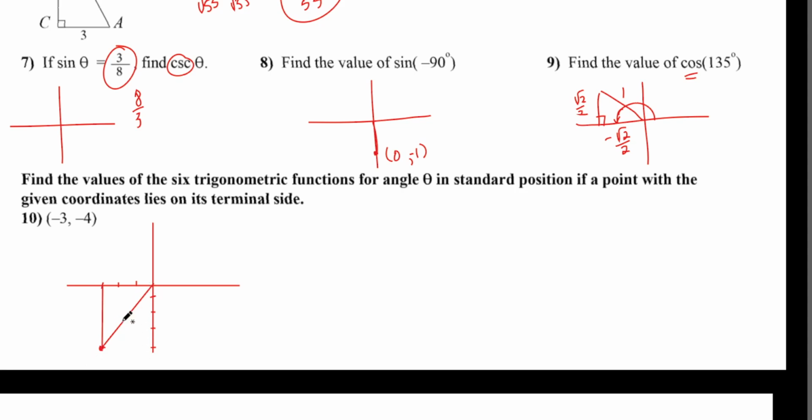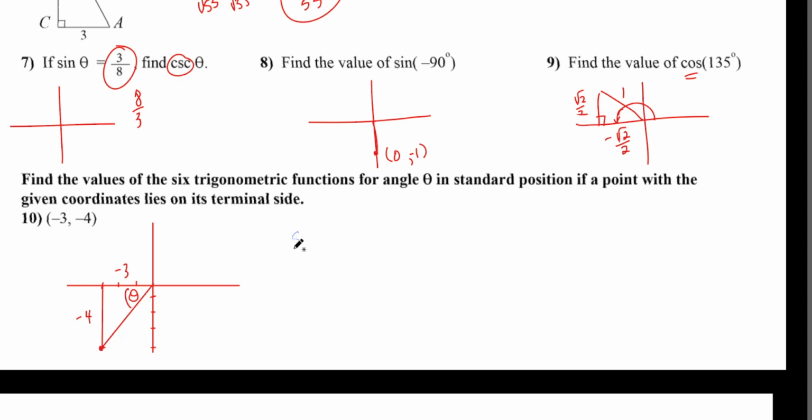Now this time it's not necessarily a unit circle. That hypotenuse is not necessarily 1 right now, because what is this? This is negative 3. This is negative 4. Okay, you with me? Here's our angle that we're trying to find. So let's find the value of the 6 trig functions for angle theta in standard position if the point on the terminal side right there is negative 3, negative 4. And so now we have to find the 6 trig functions.